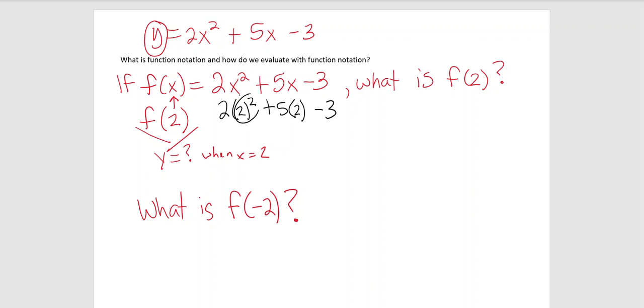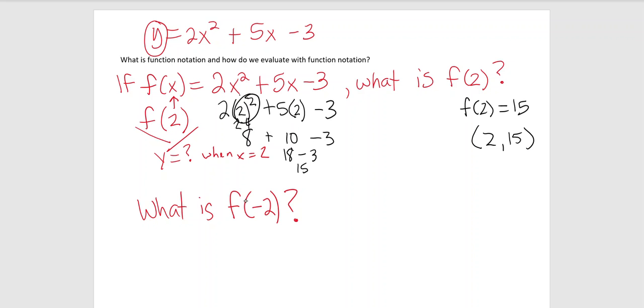I have to do my exponents first. 2 squared is 4, and 4 times 2 is 8, plus 5 times 2 is 10, minus 3. 8 plus 10 is 18, and 18 minus 3 is 15. So f of 2 would be equal to 15. And that would be the ordered pair 2, 15 on a graph.